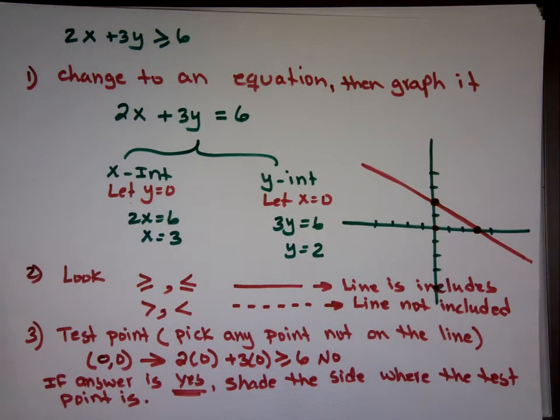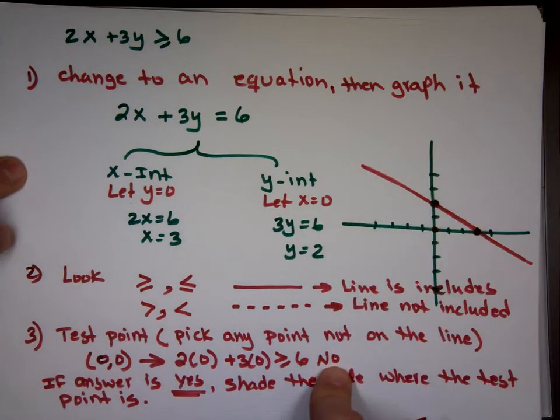We shade the side where the test point is. Now my test point is here below the line, but my answer is not yes, my answer is no.